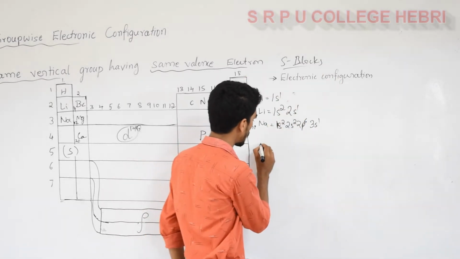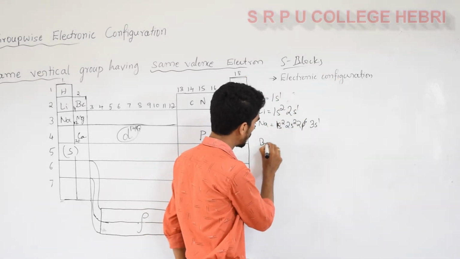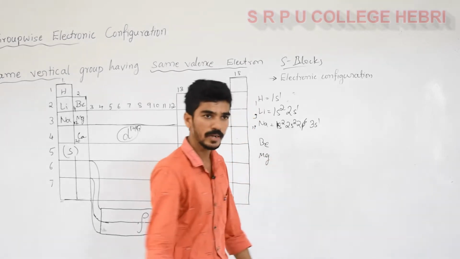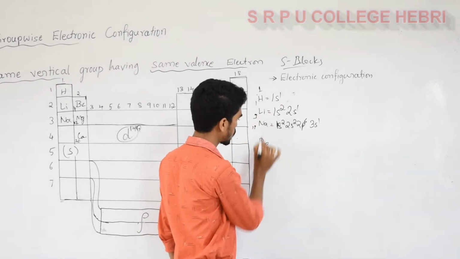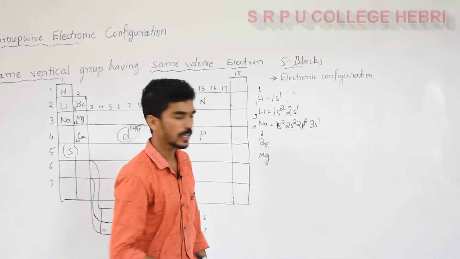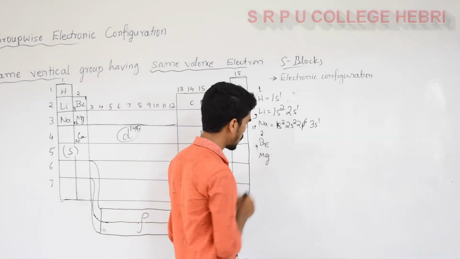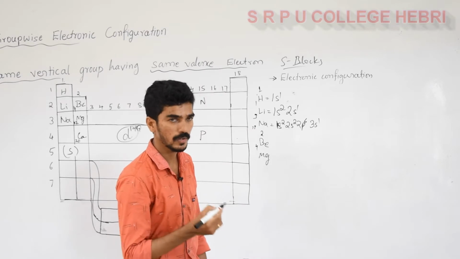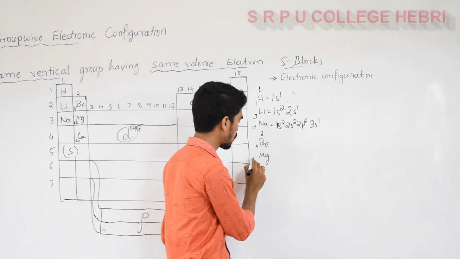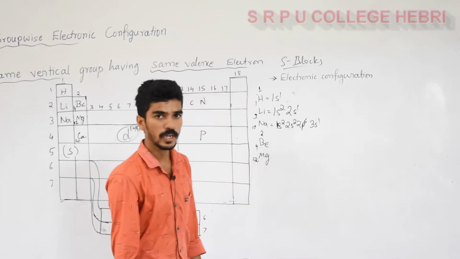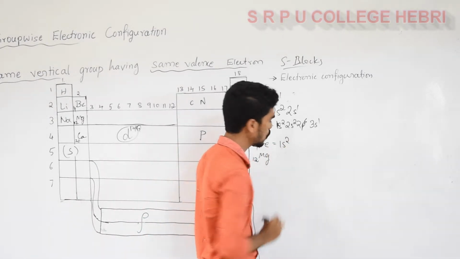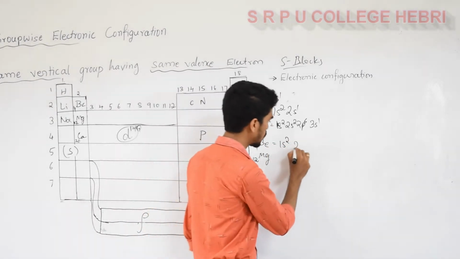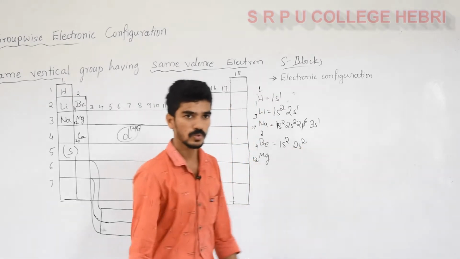Now I'll take one more example: beryllium and magnesium, which belong to the second group. Writing the electronic configuration, beryllium has atomic number 4 and magnesium has atomic number 12. Beryllium: 1s2, 2s2.